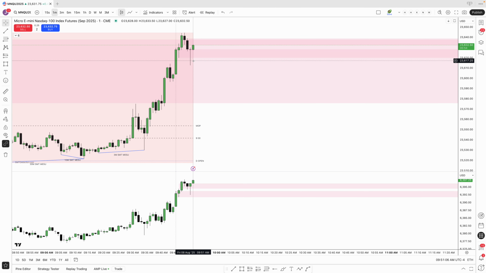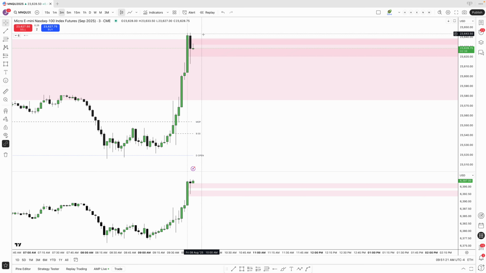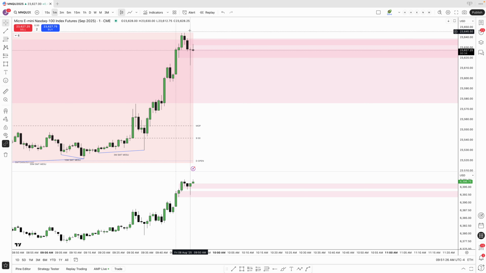Maybe we get another run higher here, which would be nice. That would be ideal. ES to run higher.